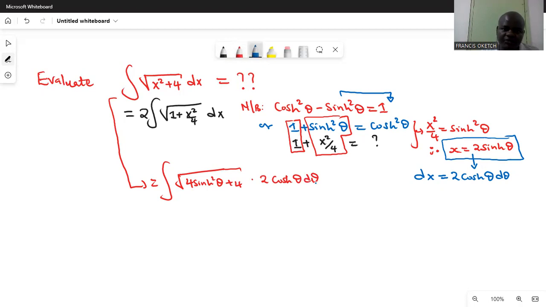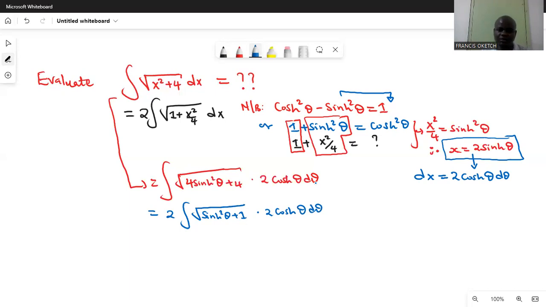So I can factor out 4 from the square root. So I'll get 2 times the integral of root sine hyperbolic squared theta plus 1 times 2 cos hyperbolic theta d theta.